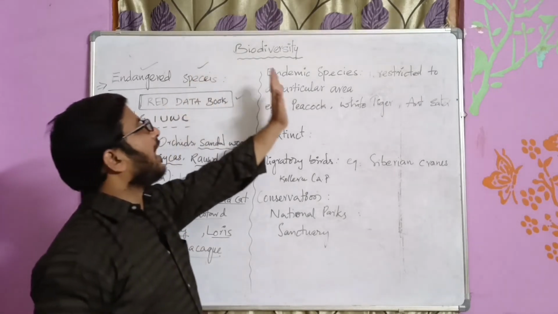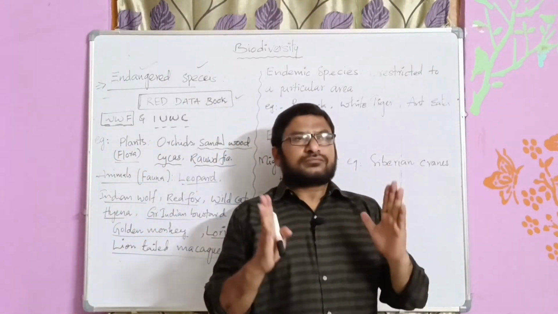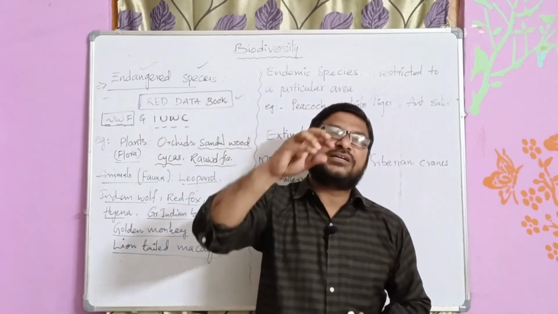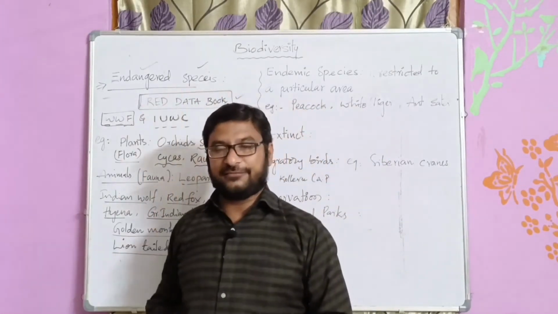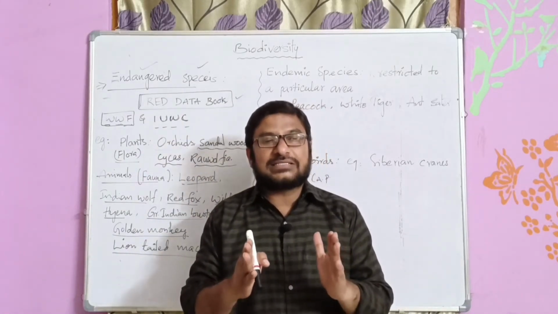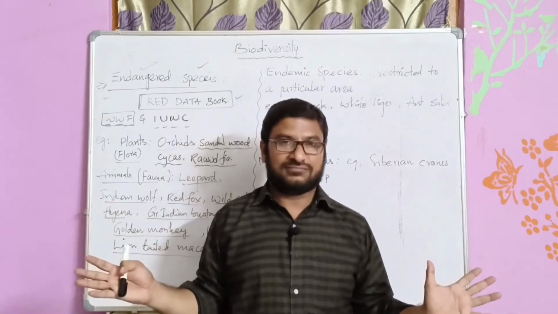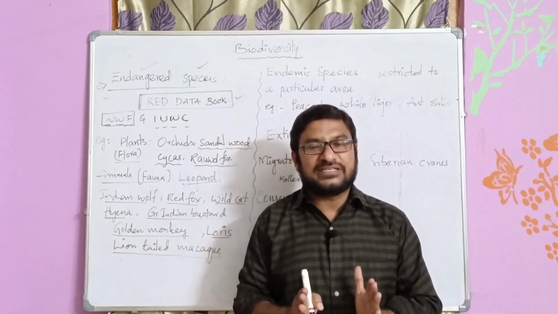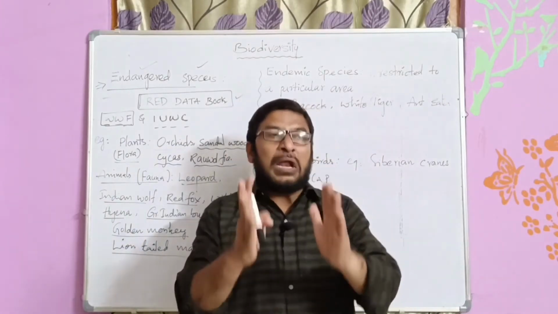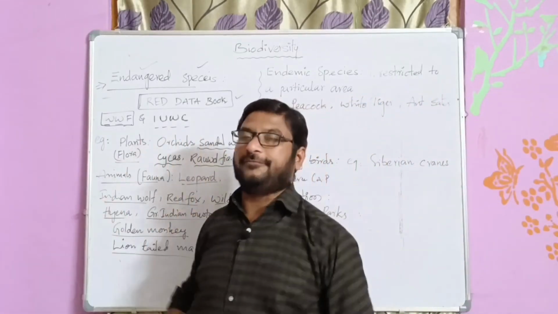Right. Coming to endemic species. Endemic species means some of the organisms or species live in particular areas only. Means these species are not present all over the world. They live in a particular area or particular country or particular region only.